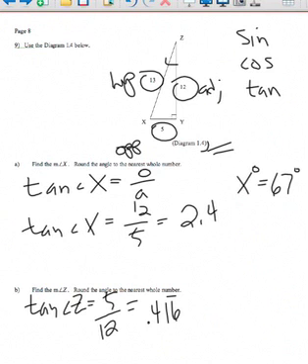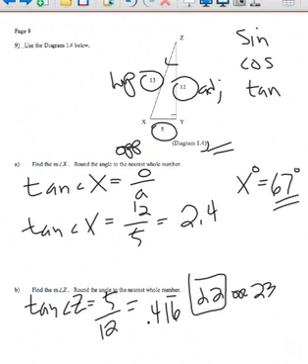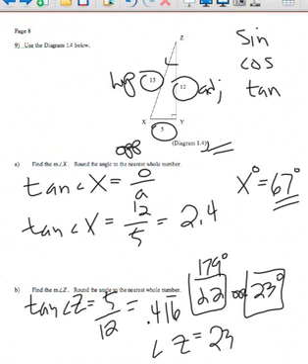So if we look at here, we have our choice of 22 or 23. Well, we know that x equals 67, so it can't be 22 because that would only add up to 179 degrees. So it must be 23 degrees. We have to choose. So angle Z is going to equal 23 degrees.